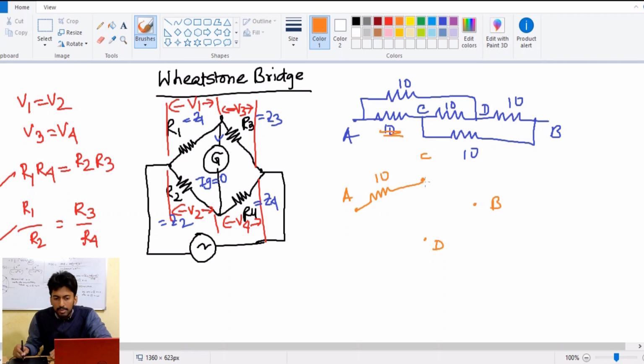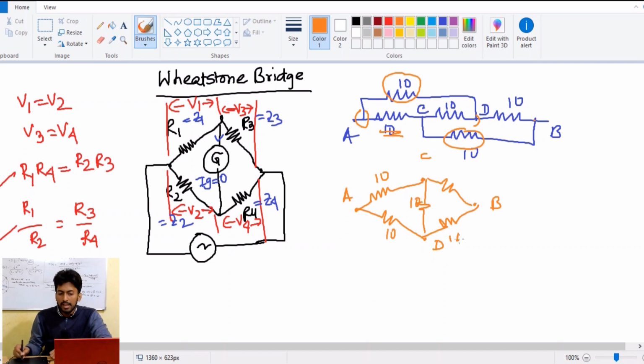Between C and B there is a resistance of 10 ohms. Between A and D there is a resistance of 10 ohms, between D and B 10 ohms, and between C and D there is also 10 ohms.